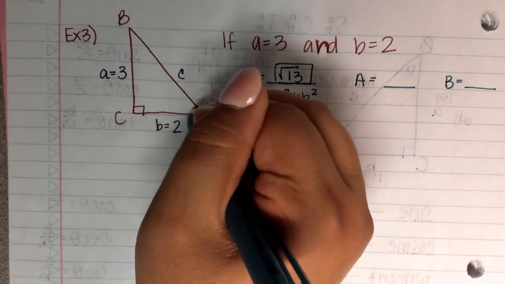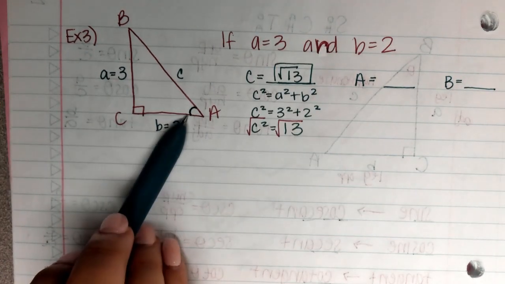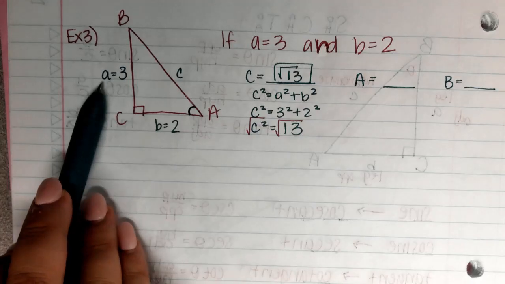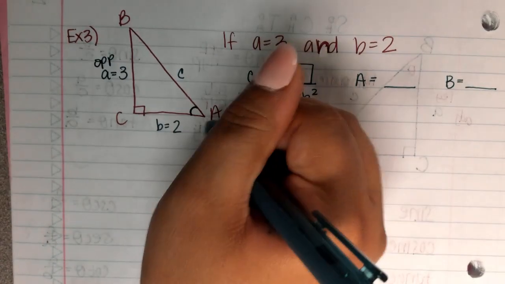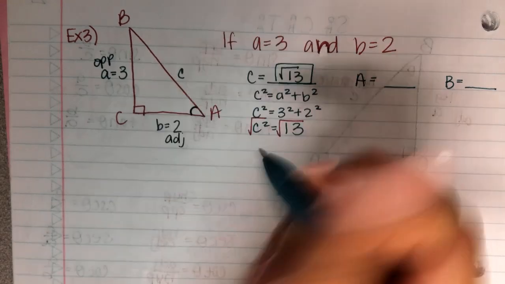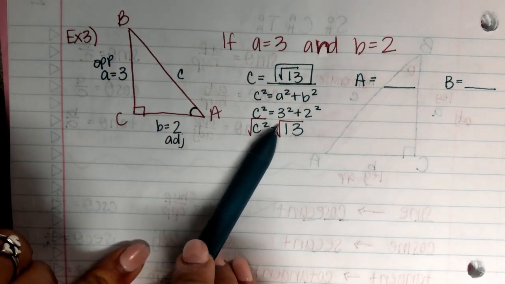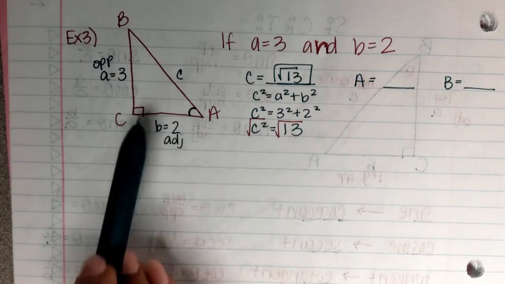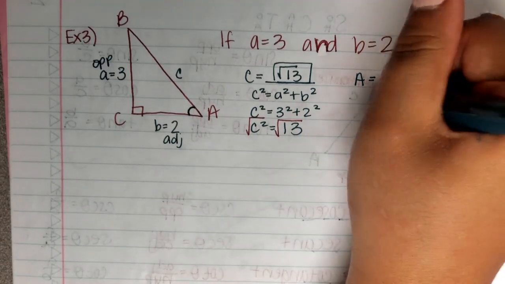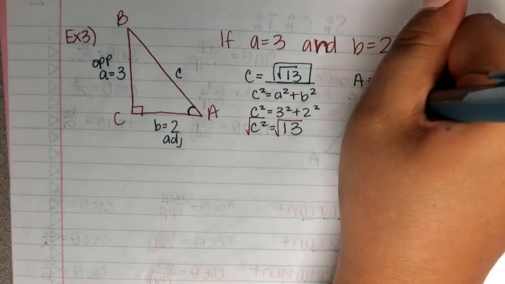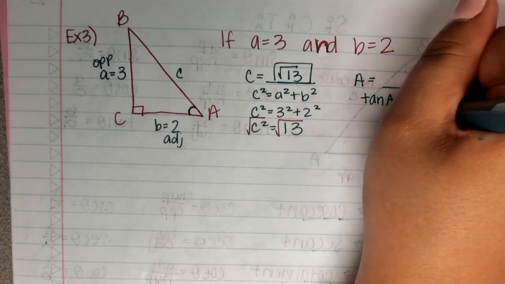What do I have in comparison to angle A right here? I have opposite and I have adjacent. Do you agree I don't have the hypotenuse? I mean, I know we have the hypotenuse, but do we want to use square root of 13? No. So I would use opposite and adjacent, which is what? Tangent. So the tangent of angle A is opposite over adjacent.